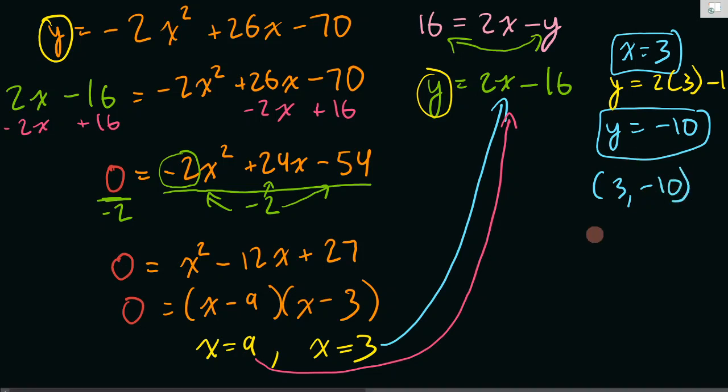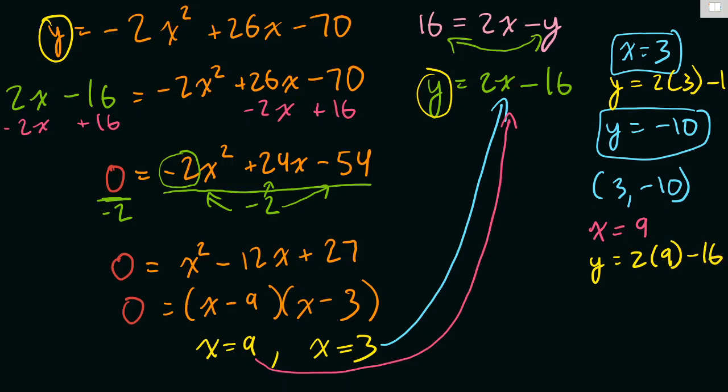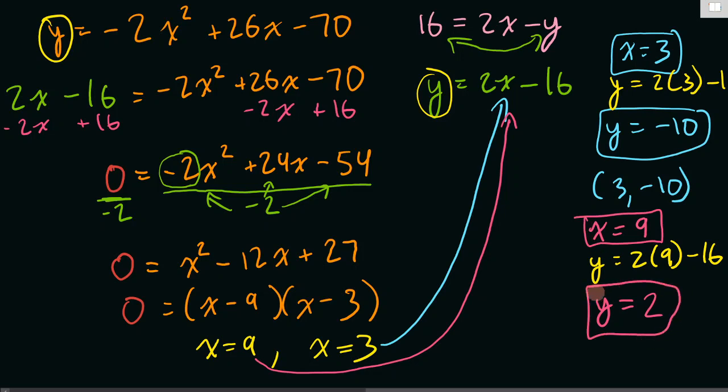And your other point is, if x is 9, then you're going to have y equals 2 times 9 minus 16. This step maybe you can do in your head, because you're going to get y equals 18 minus 16 is 2. And so those two values give you your other point, 9, 2.